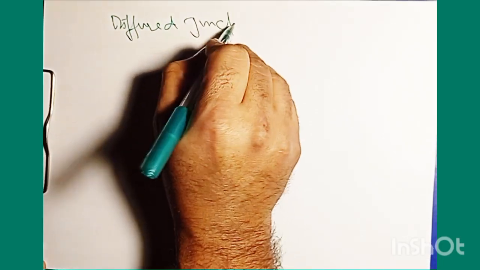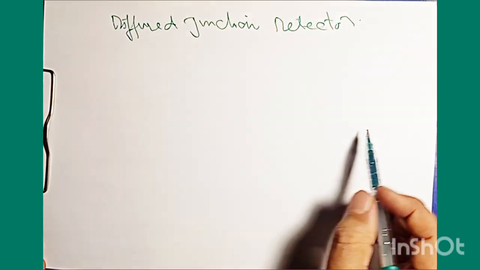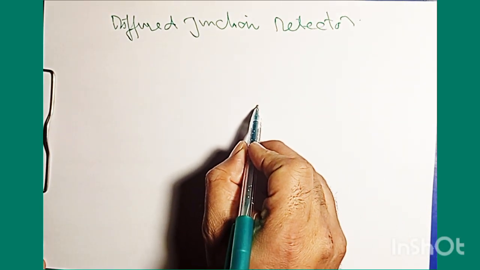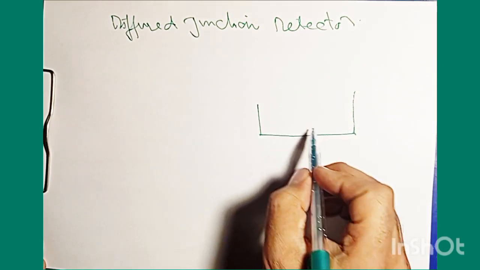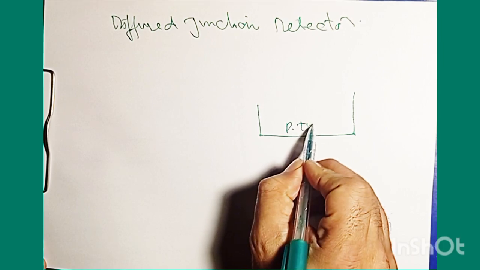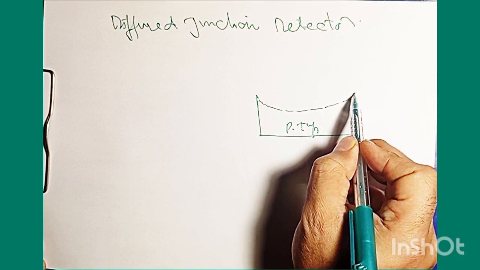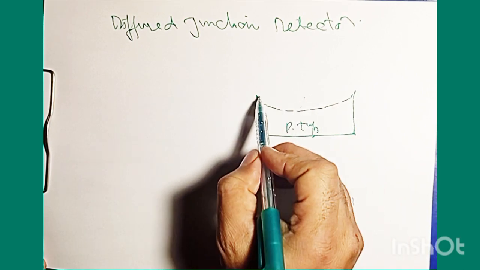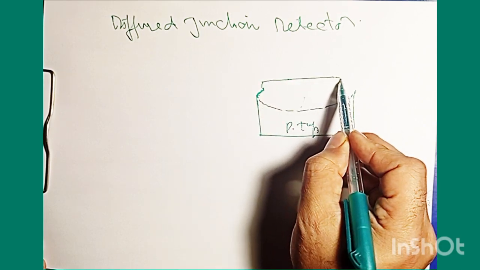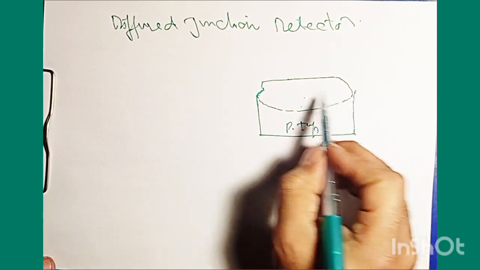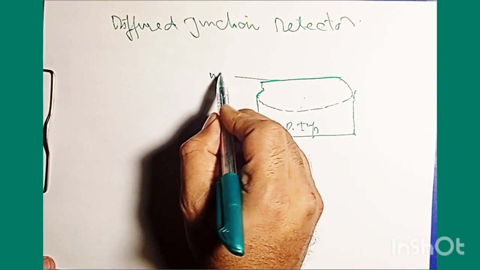In this case, we have a silicon base, which is p-type, and then we have a depletion layer, and then we have an n-type layer.